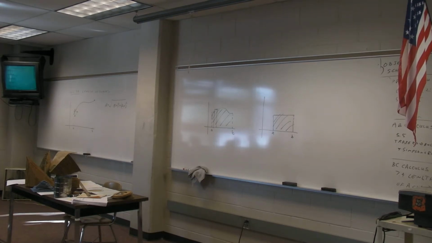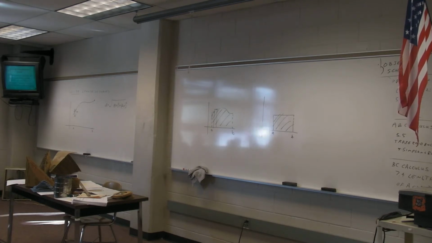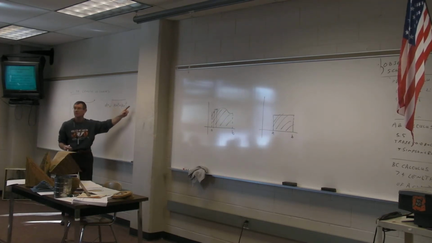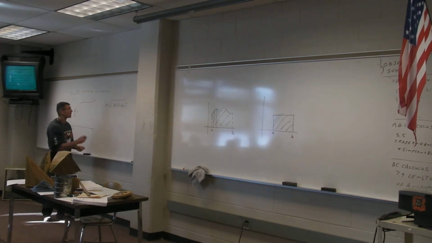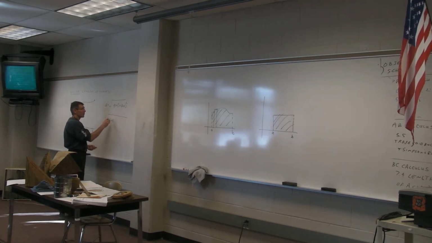Well, to do that, we have to integrate if we make them a bunch of small ones. If we just make 10 of them, we can just add them up. We don't have to integrate, but if we're going to do an infinite number, we need to integrate. So we need to convert this into something that we can integrate. So let's factor out a delta x squared from this inside portion.